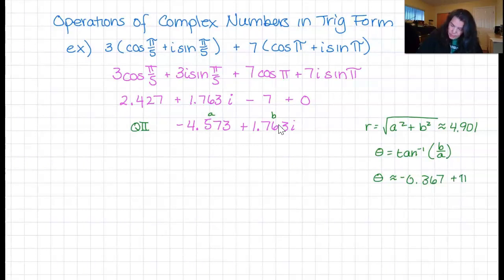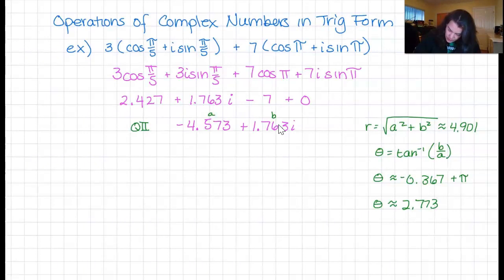But remember, I have to add pi to put it in quadrant 2, because that is not in quadrant 2, that's in quadrant 4. So add pi, and theta is about 2.773.